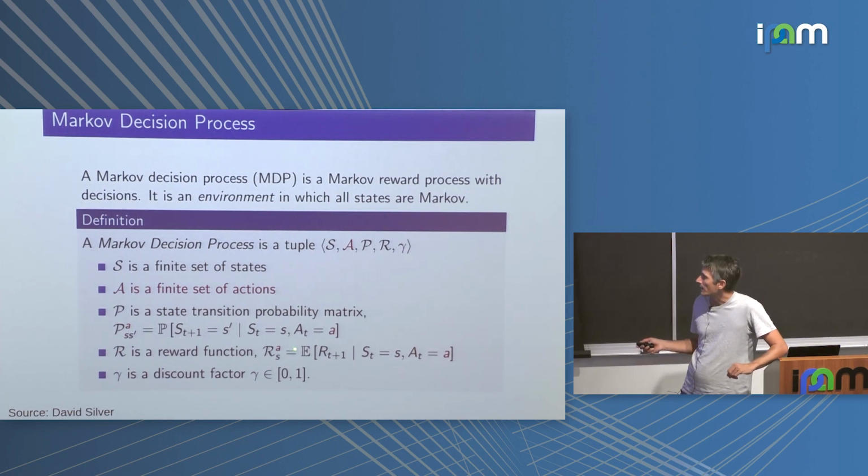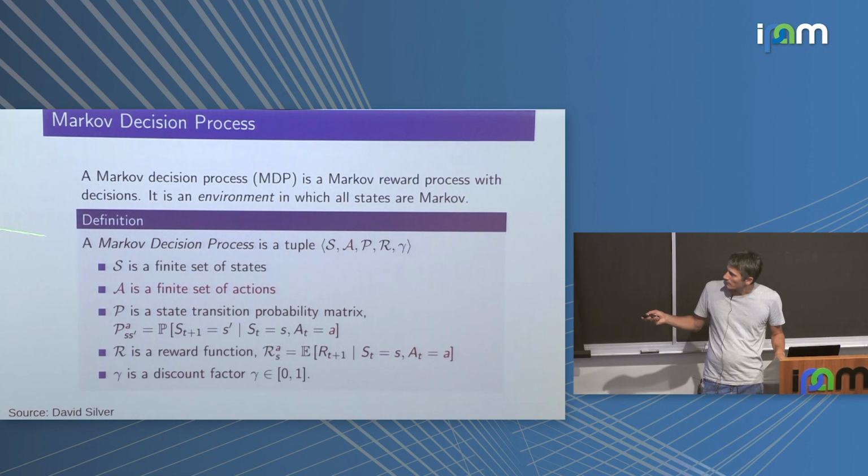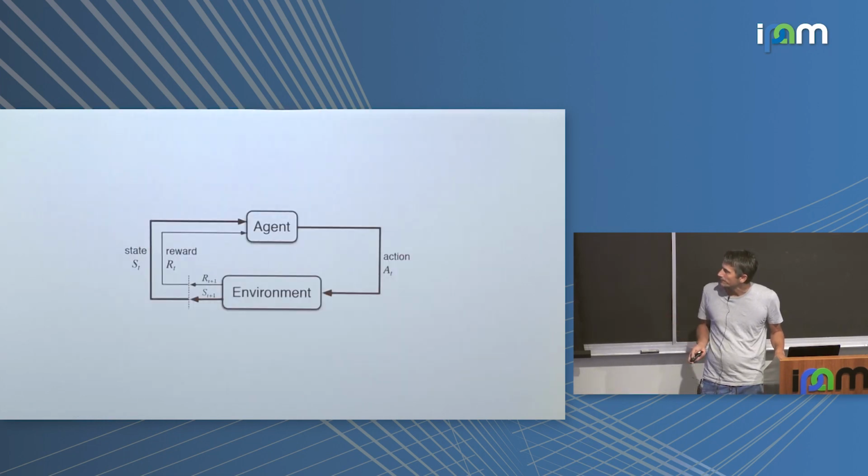It has a state transition probability matrix, which does not have to be known, which given an action and given a state, gives you a state s+1. And also a reward function, which given a state and given an action, gives you an instantaneous reward. So what we added is the action.